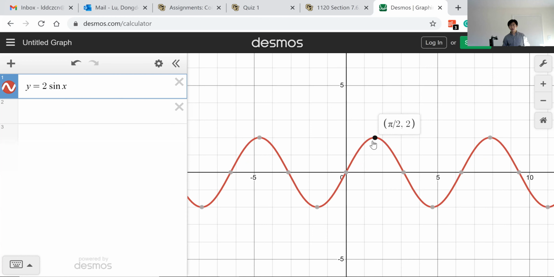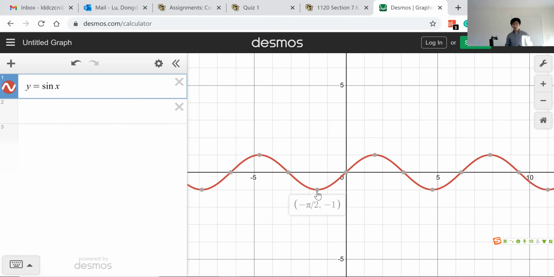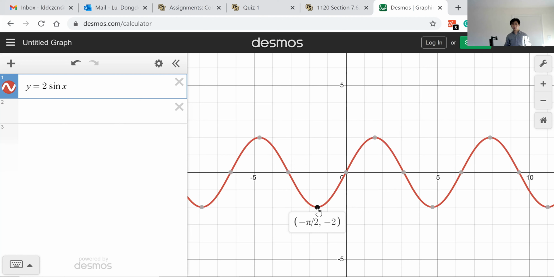It amplifies the curve. Originally you have -1 here, but if we times this -1 by 2, this doubles down. Now you see the y value is also -2.